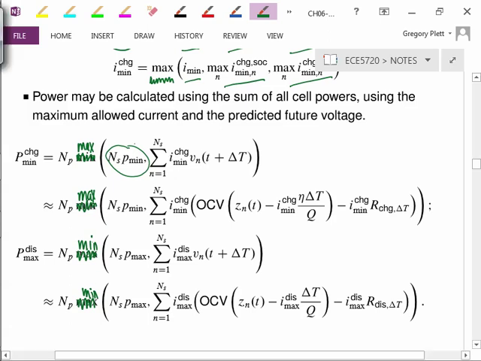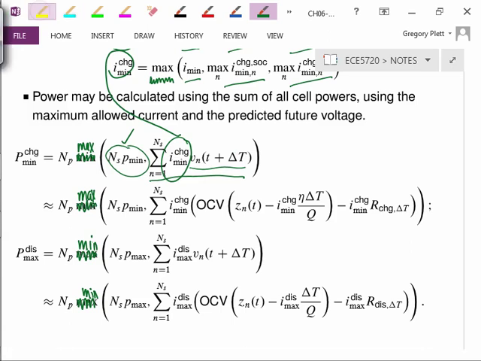So it's the minimum in magnitude, or the maximum in assigned sense, of what is the actual power limit, the a priori fixed power limit, or the power that uses this number here as the current that is the most I can use. So that current times a prediction of the voltage delta t seconds in the future is the power of that particular cell, the nth cell, but I sum up for all nth cells to get that total of voltage times current to compute that total power of the pack.